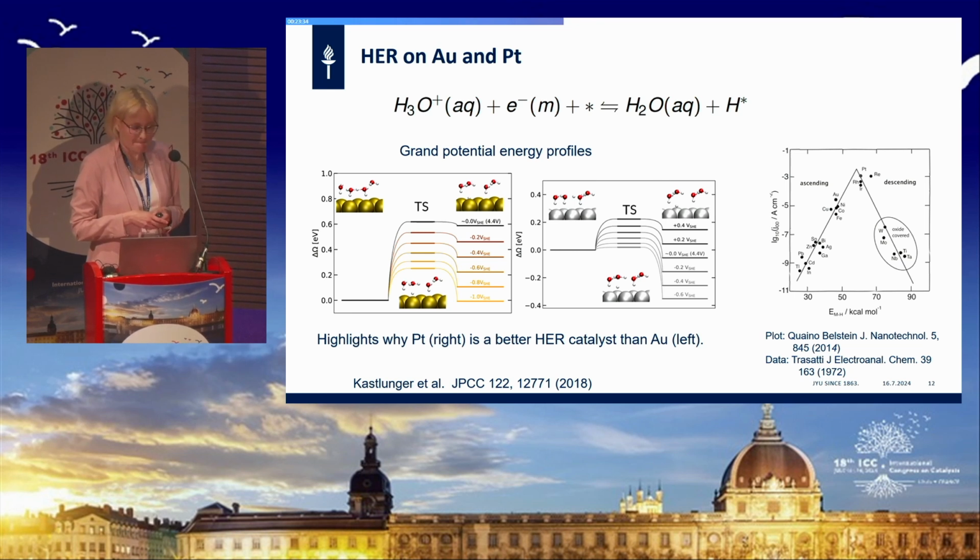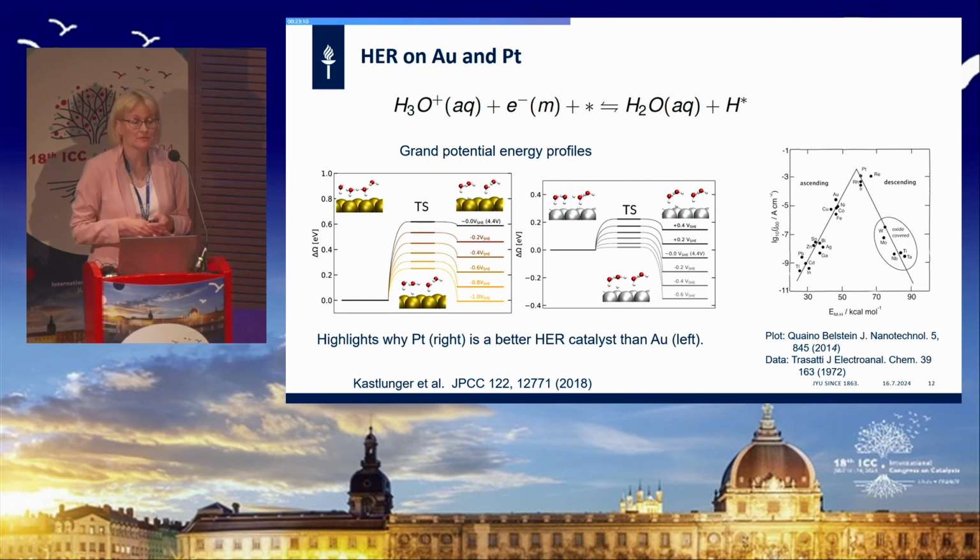Now, the disadvantage of this approach, grand canonical ensemble DFT, is that it's computationally more expensive than normal DFT and the computational hydrogen electrode approach. For each of these different potential calculations, you need to run a separate DFT calculation.